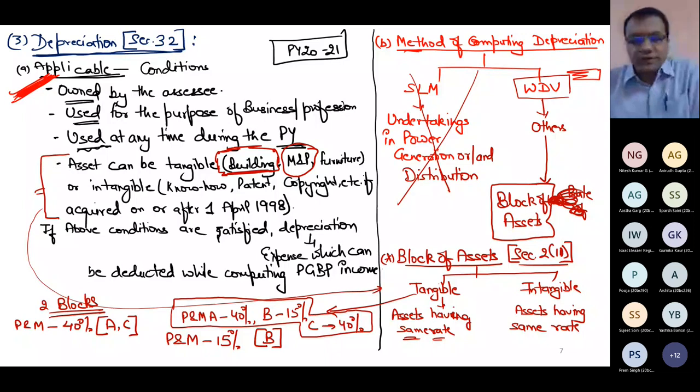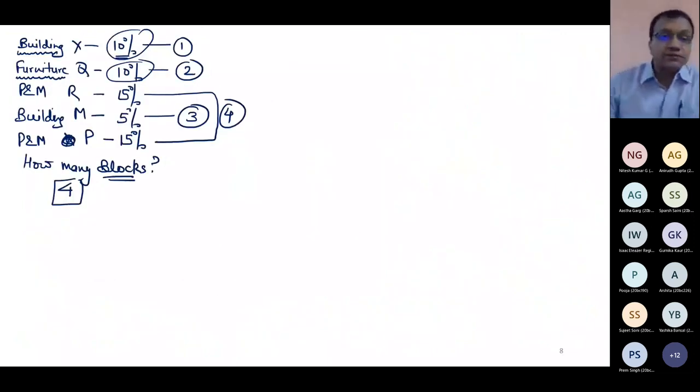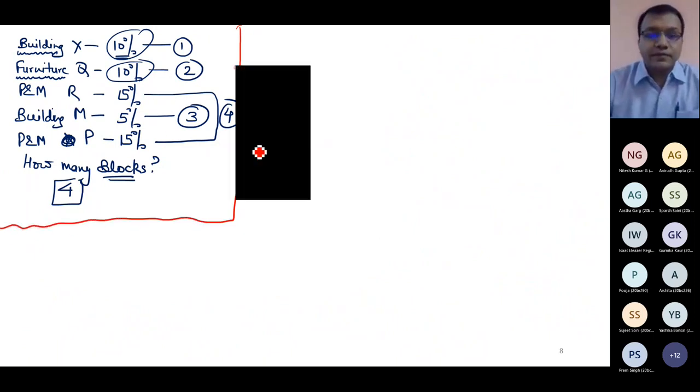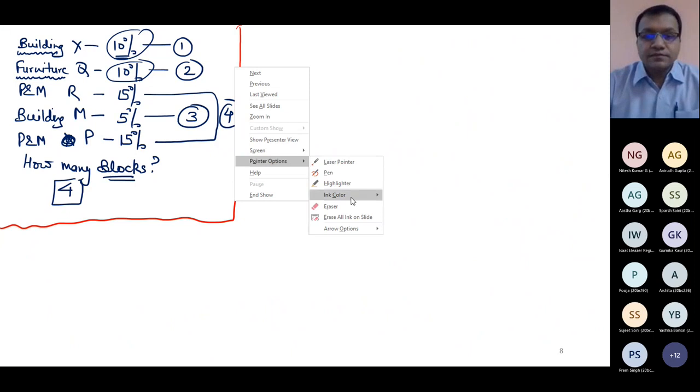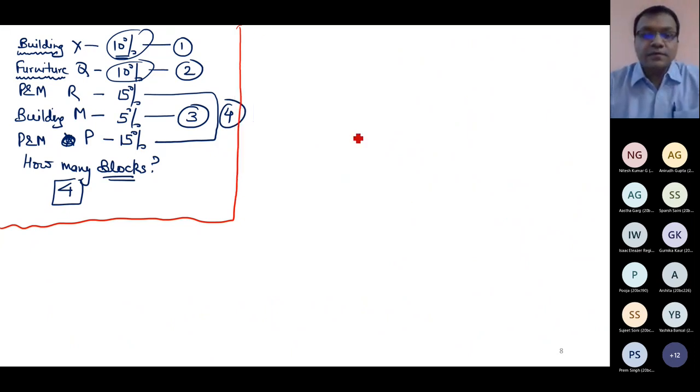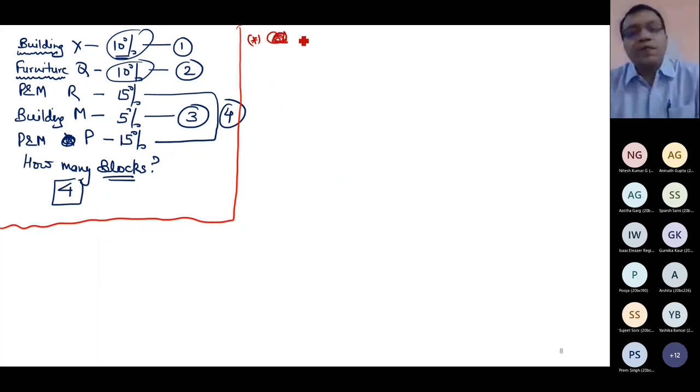Block of asset, I made you understand. Now, next discussion is what is this written down value, or meaning of written down value.